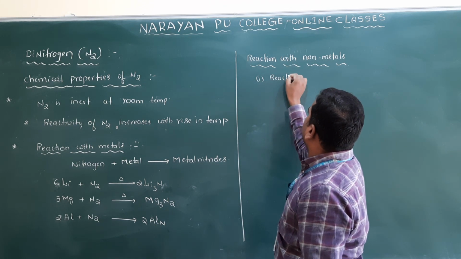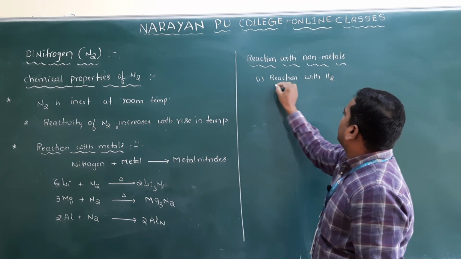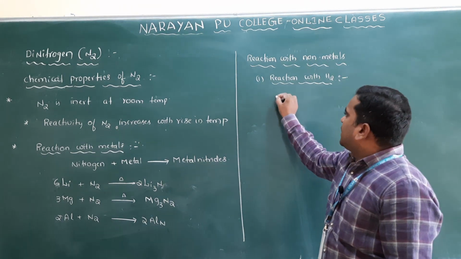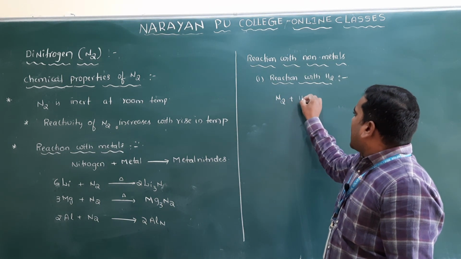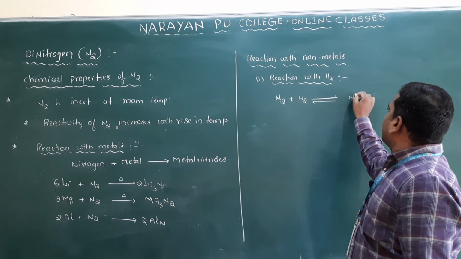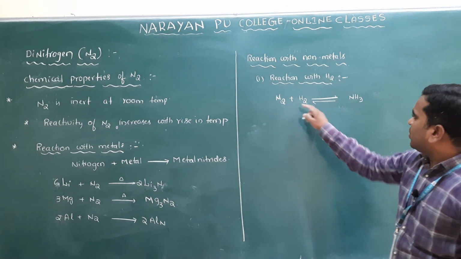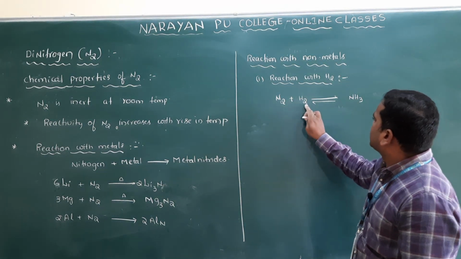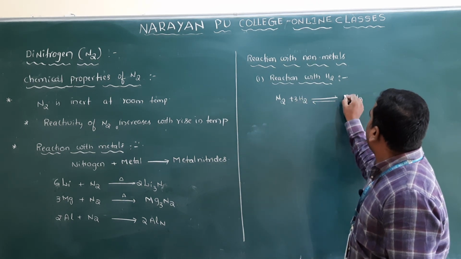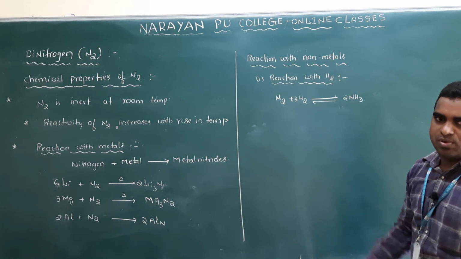Nitrogen reacts with hydrogen and produces ammonia. N2 plus H2, you will get NH3. Here to balance, 3 H2 are there and I put 2 with NH3. Then 3 into 2 is 6, 2 into 3 is 6, and 2 nitrogen atoms are there.